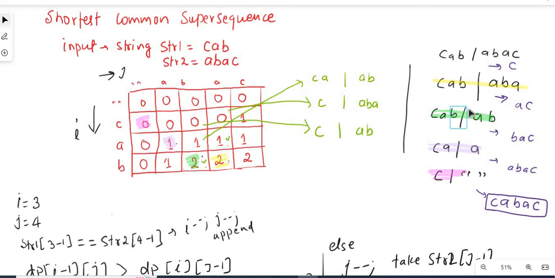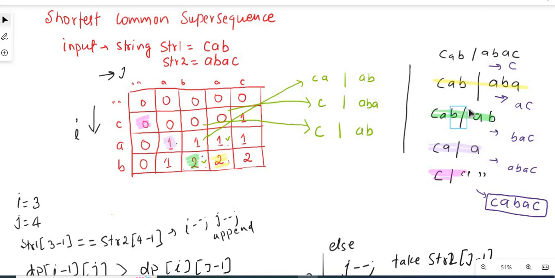So the first part of the problem is you have to remember how you solve a longest common subsequence question, because we would be using that concept in this question. So it is basically a continuation of the longest common subsequence question.